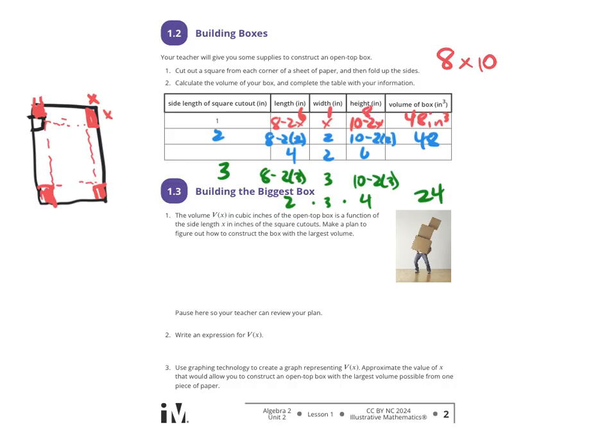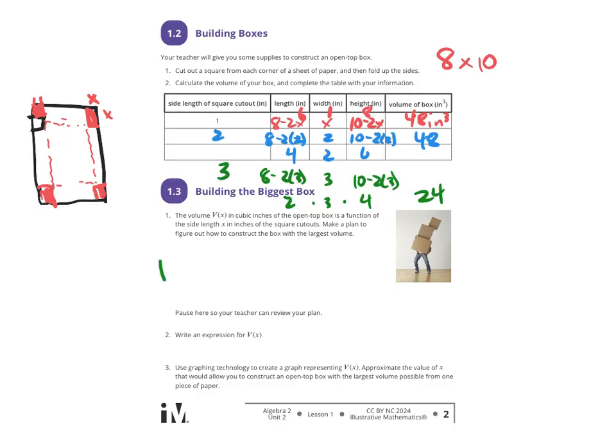Okay, now let's look at building the biggest box, activity 1.3. The volume V of x in cubic inches of the open top box is a function of the side length x. So if we look at what we did in the paper cutting activity, and you can do this at home, just take some paper and cut it open.